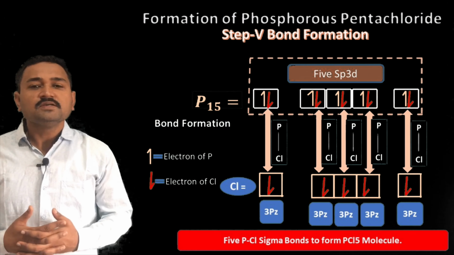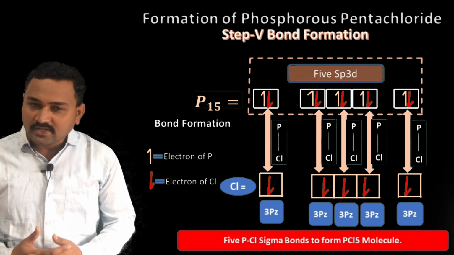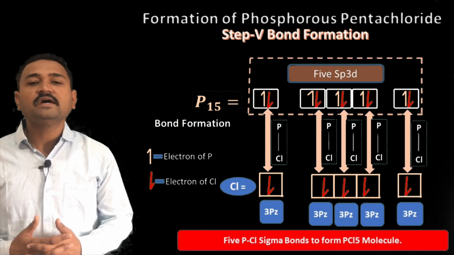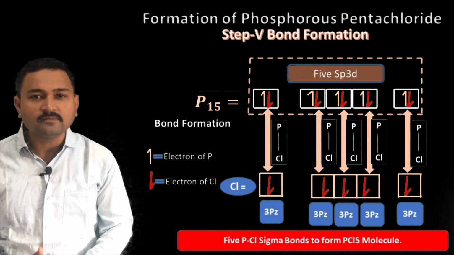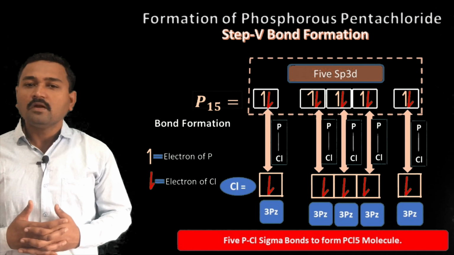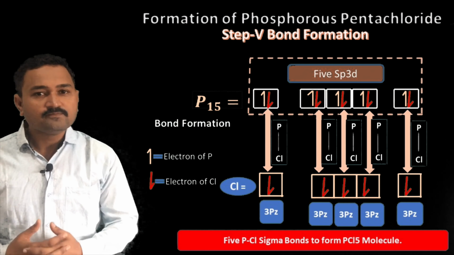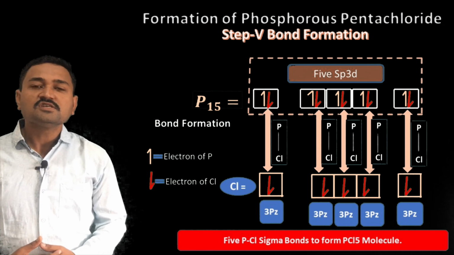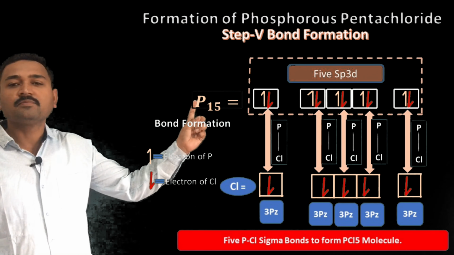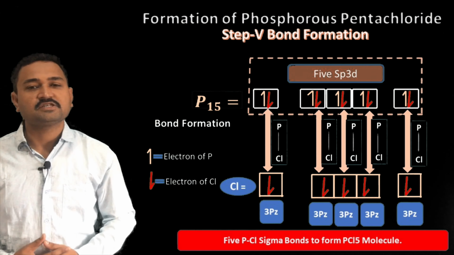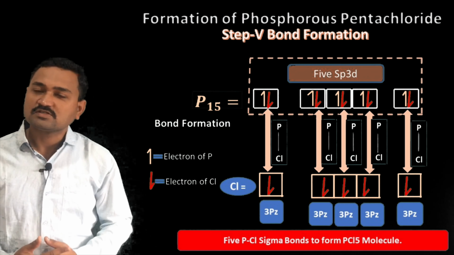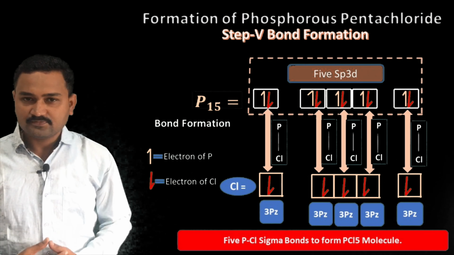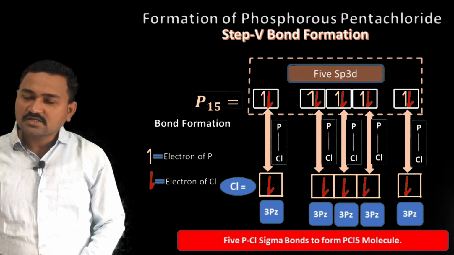So the 5 sp3d hybrid orbitals of the phosphorus atom overlap axially with the 3pz atomic orbital of each of the 5 chlorine atoms and form 5 P-Cl sigma bonds, which leads to the formation of the PCl5 molecule. This is a simple bond formation step that I have represented in this diagrammatic representation, which leads to the formation of the phosphorus pentachloride molecule by sp3d-p overlap. So this is about the bond formation step.